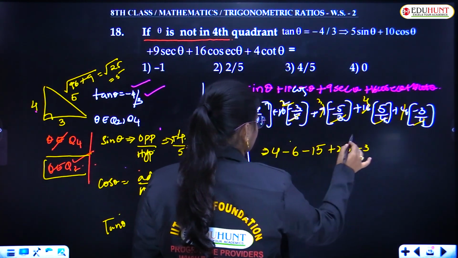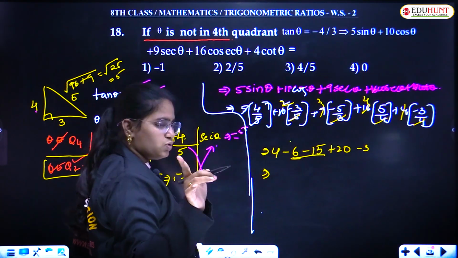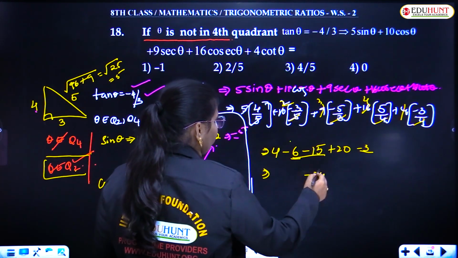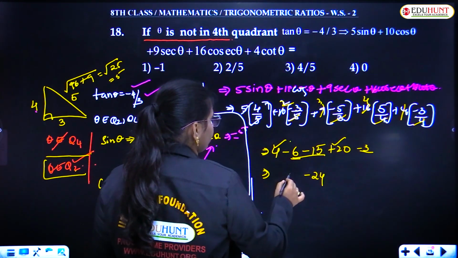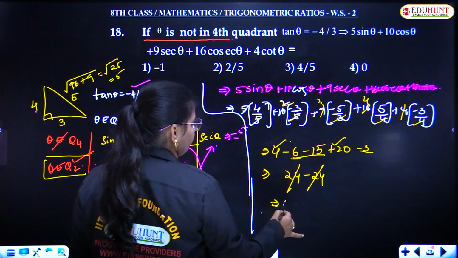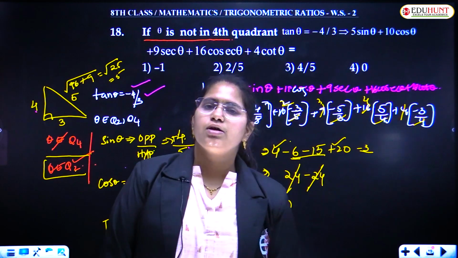Minus 6 minus 15 is minus 21. Minus 21 minus 3 is minus 24. 4 plus 20 is plus 24. Cancel these both. Plus 24 minus 24 is 0.